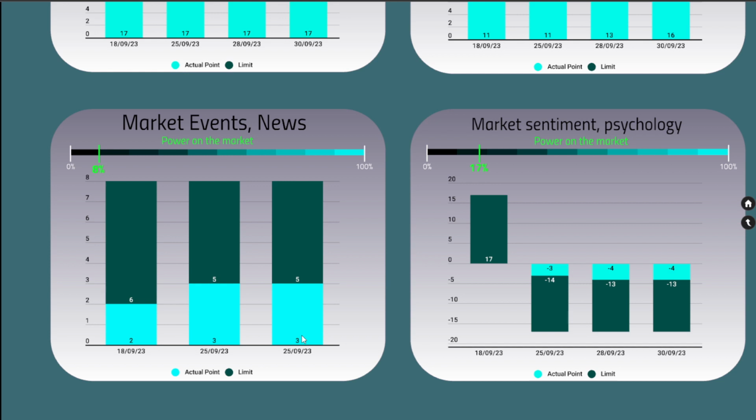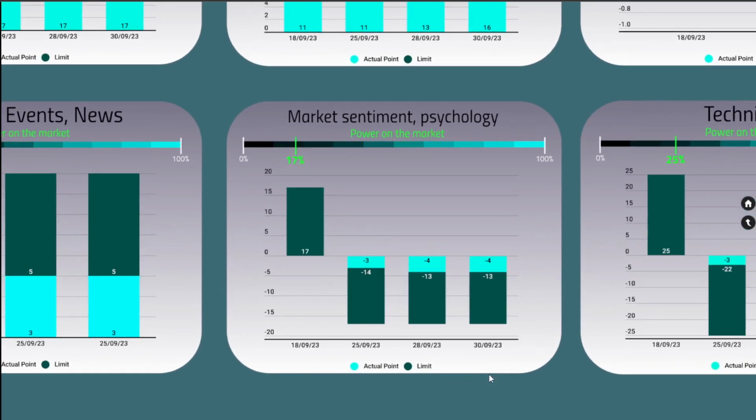While the market sentiment and psychology is turning over, and actually in the last 3 meetings, including today's, we got minus points after a positive one. That was -3 the first time, and then -4, and again -4. That means that the market is reacting in some cases, in some market sectors within the commodity market, in a negative way.